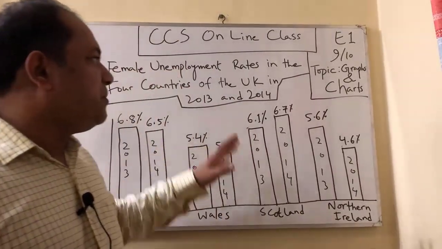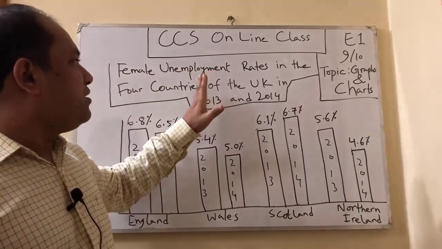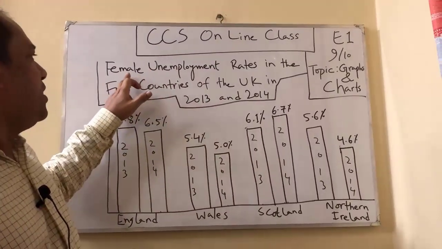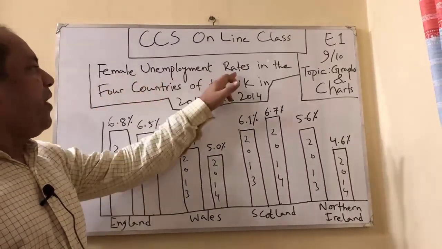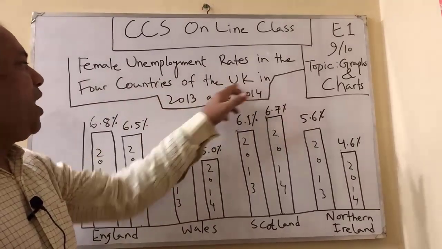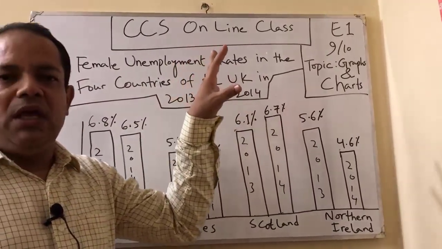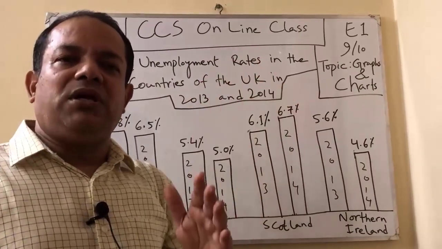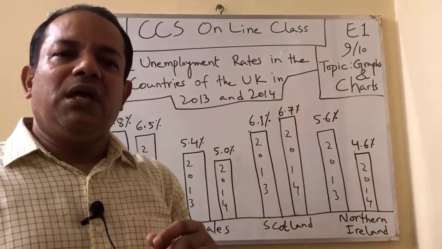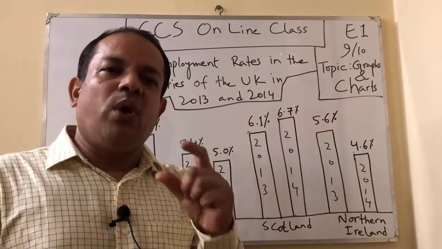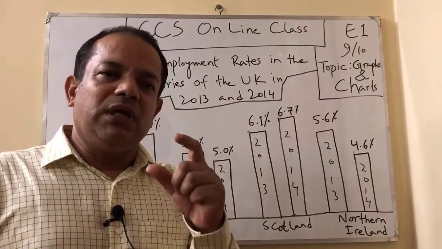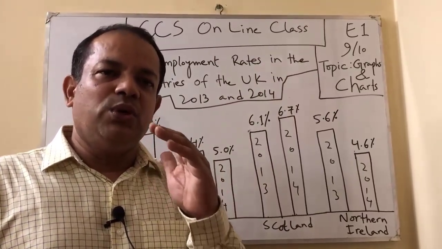So you see that in my question I have written here: female unemployment rates in the 4 countries of the UK in 2013 and 2014. This is our question. In a bar chart or in a pie chart or in a line graph, at first you should look at the question.